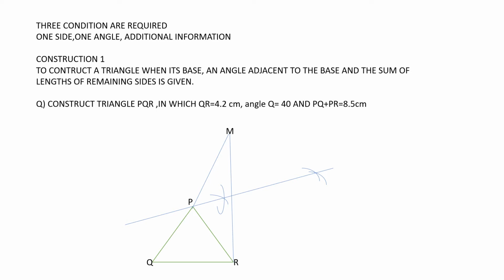So this is Q and M is 8.5. After that, once you get the M point, you have to join M and R, right?